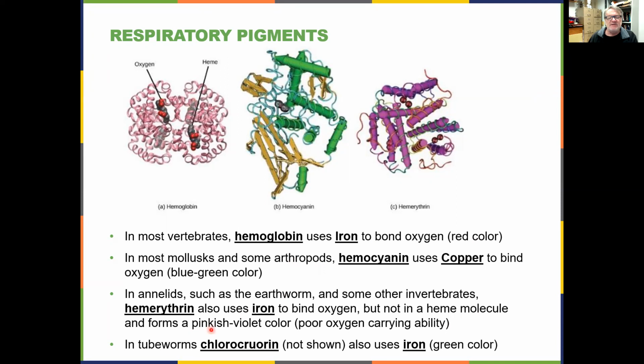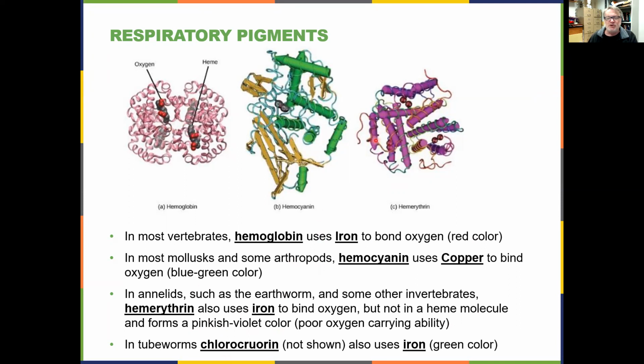And in this case, when oxygen binds to the iron, instead of a dark red, it's more of a pinkish color. So hemerythrin, shown here in this picture, is kind of a purple pinkish color. And it's all based on just the different shape of the molecule compared to hemoglobin.